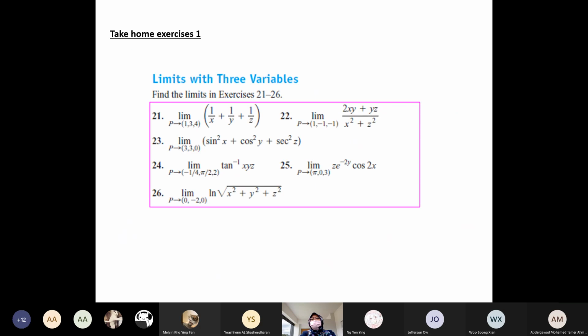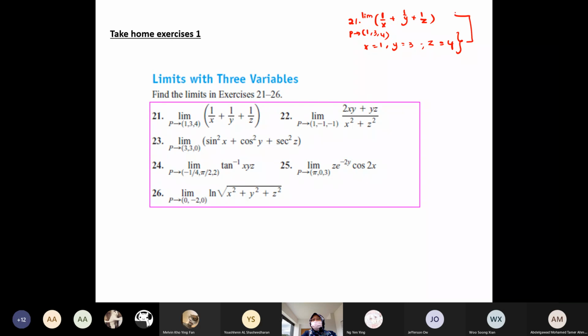So you may try this take home exercise 1. Let's look at question 21. You have the function 1 over x plus 1 over y plus 1 over z, with the limit point (1, 3, 4), meaning that x equals 1, y equals 3, and z equals 4.